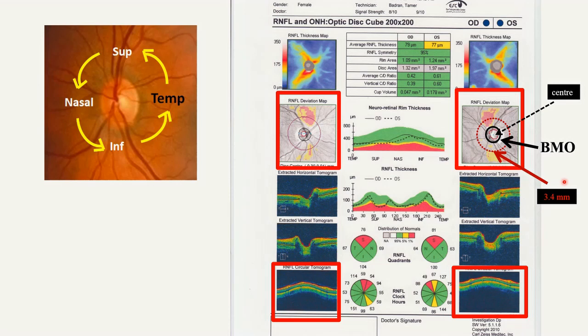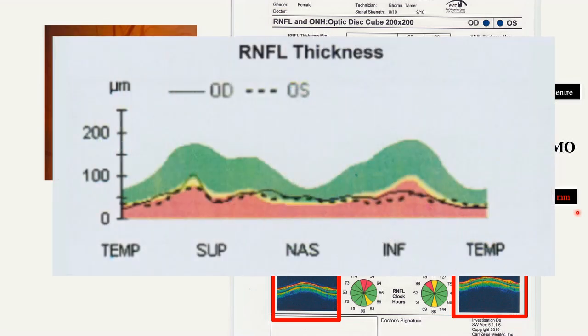It starts from temporal to superior to nasal to inferior. Here both eyes are compared to the normal. So yellow means occurs in 5%, red occurs in 1% of the normal population.